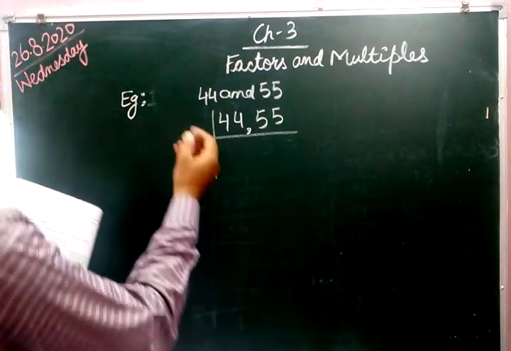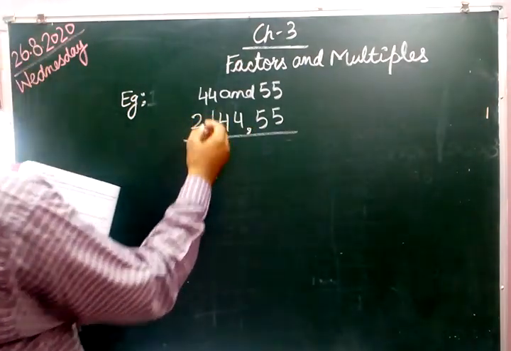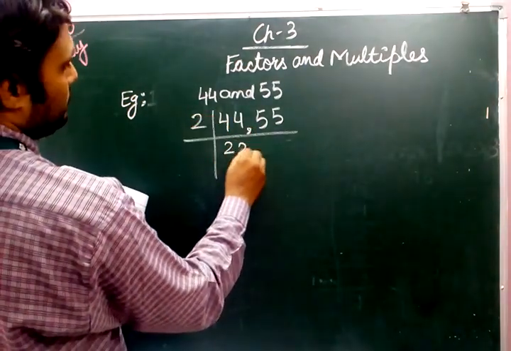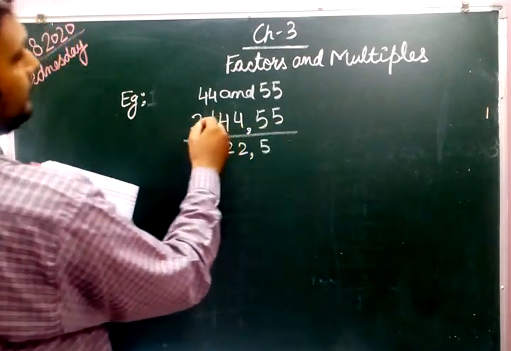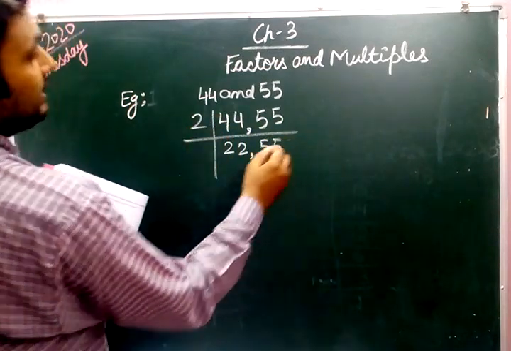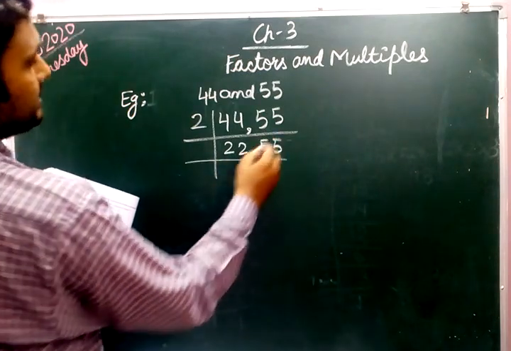44 divided by 2 you get the answer 22. 55 is not completely divisible by 2, so 55 remains as it is.